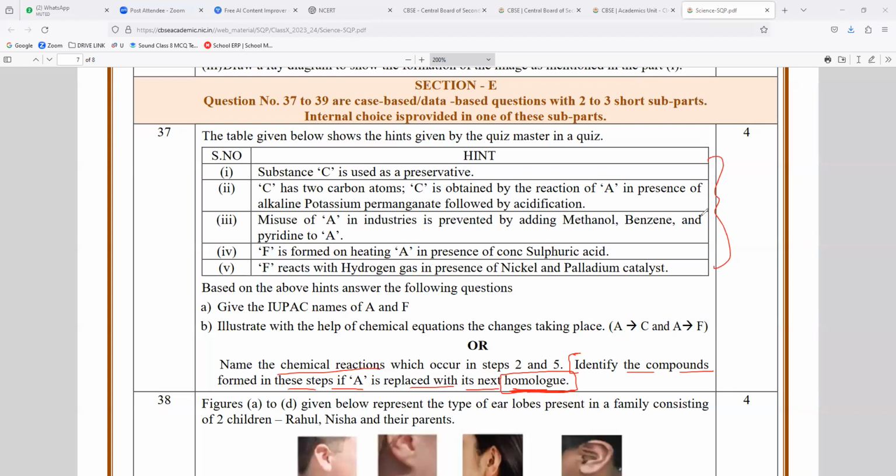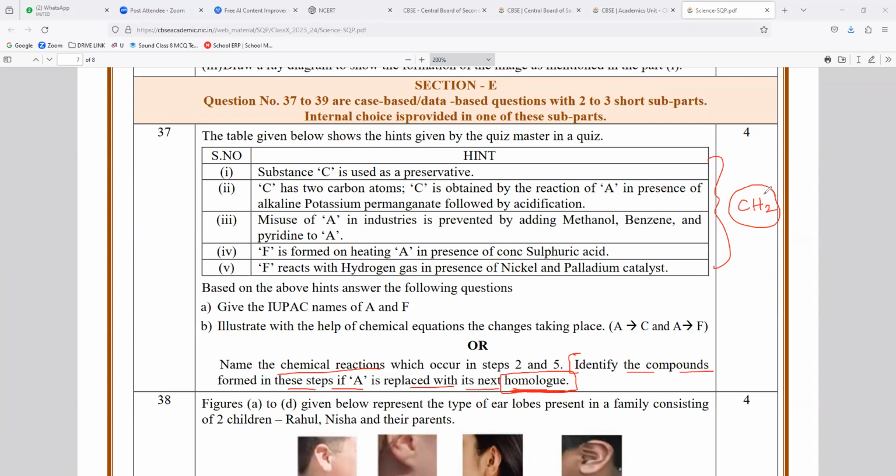So by that time, unless you know how the next compound forms, always remember, irrespective of alkanes or alkenes or alkynes, or alcohols or aldehydes, or some other compound, from one homologue to the next homologue, only what varies? One carbon and how many hydrogens? 2 hydrogens. If you add that, then you will get the next one. That is the only logic you have to remember, and you have to do it.